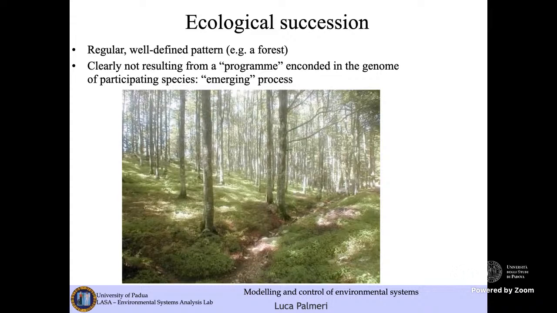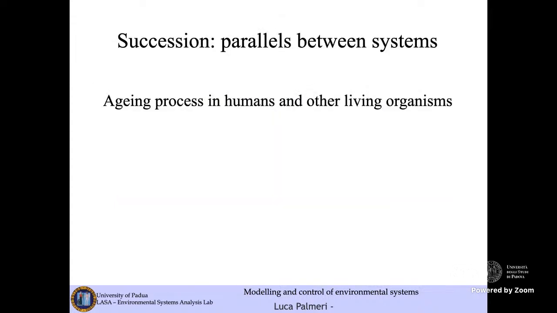Instead, the patterns are governed by the structure of the system, by interactions between the organisms that pertain to the system, and by the effects due to the forcing functions, or external influences on the system.